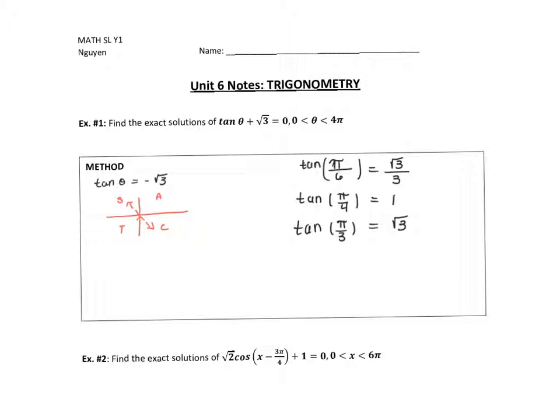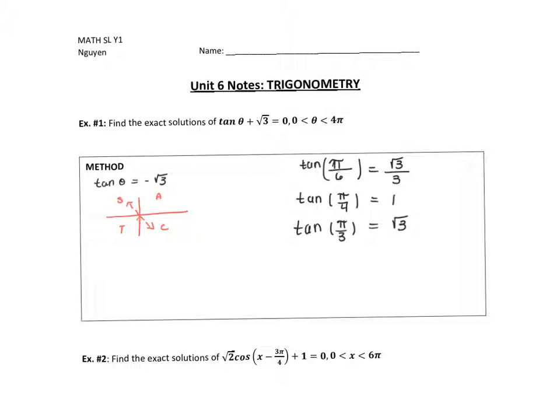So based on that, what are your two angles from your interval 0 to 2 pi that are going to produce a negative radical 3? What's one of them? Well, you want 0 to 2 pi. Which would be what in radians? Well, we're talking about quadrant 2 and quadrant 4 specifically. 2 pi over 3, right?